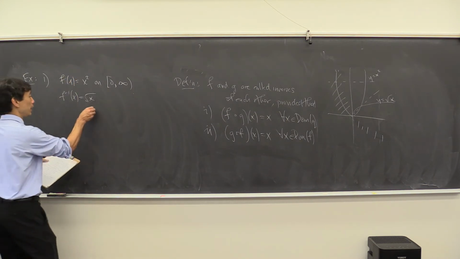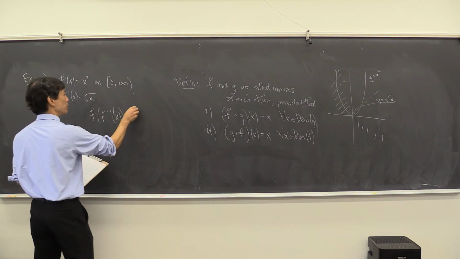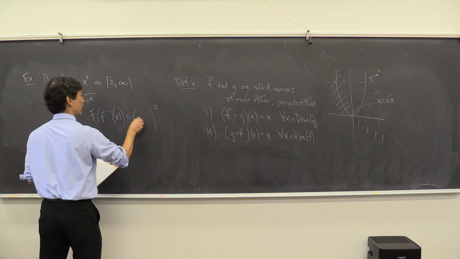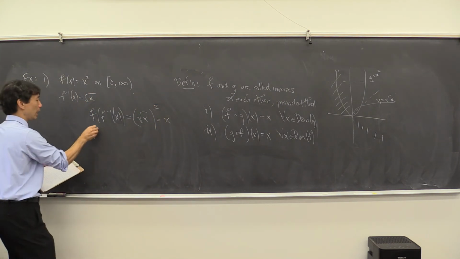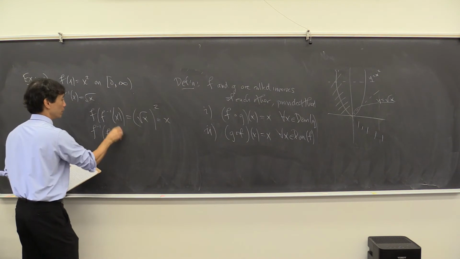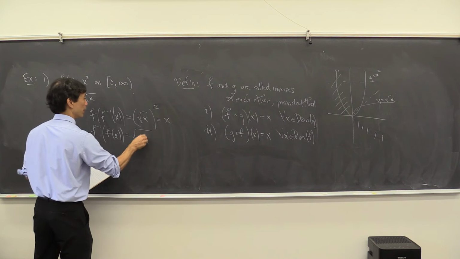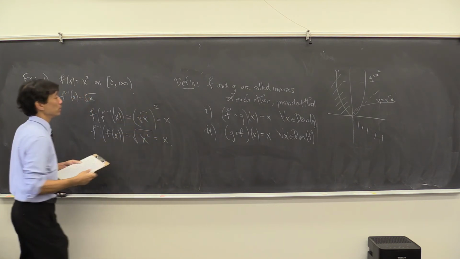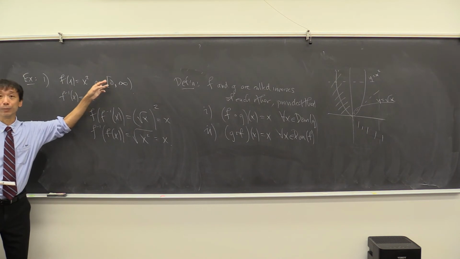If I take f of f inverse of x, that's the square of the square root, which is just x. And if I compose them in the opposite direction, I get the square root of the square, which is just the original non-negative number, as long as we're dealing with non-negative numbers.